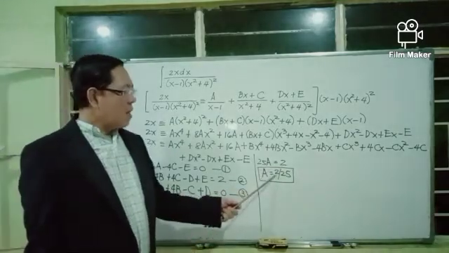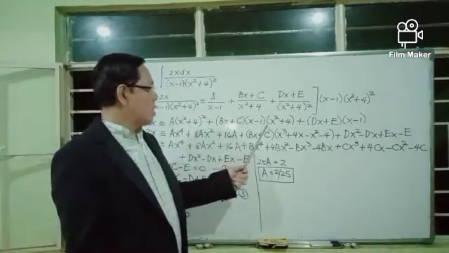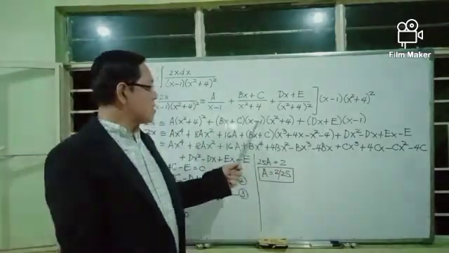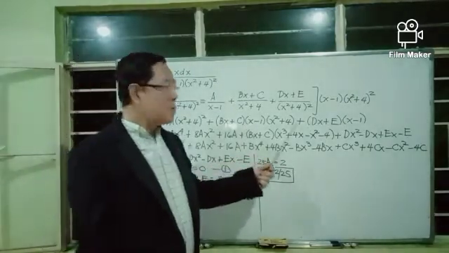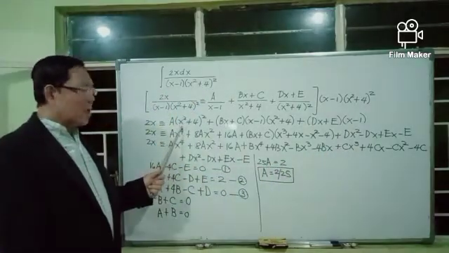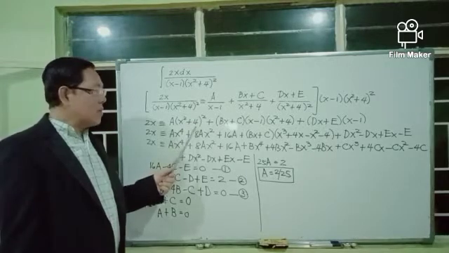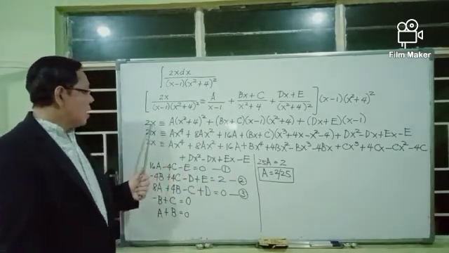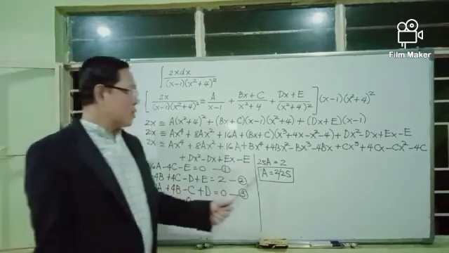Again, we get a equals 2 over 25 by letting x equals 1. Sum of these terms would be 0 if x equals 1. When x is 1, this term will go, and this term will go. And when x is 1, this term is 1 squared is 1 plus 4 is 5 squared is 25a. And when x is 1, the left hand side is 2 multiplied by 1 is 2.